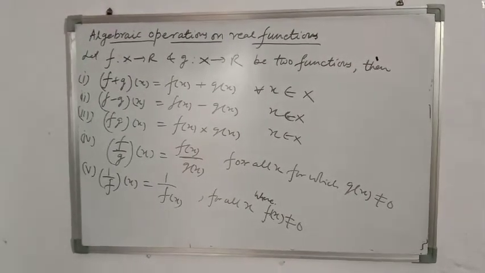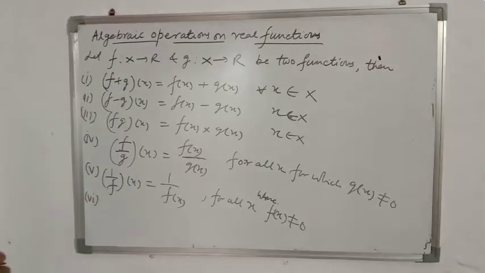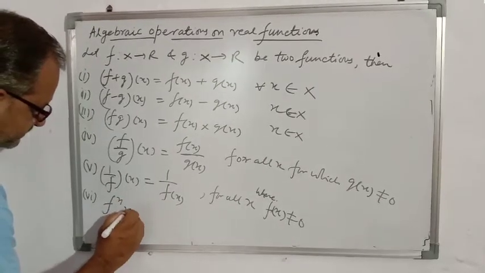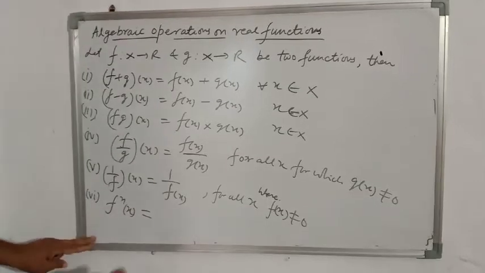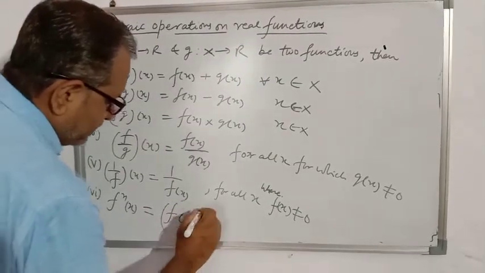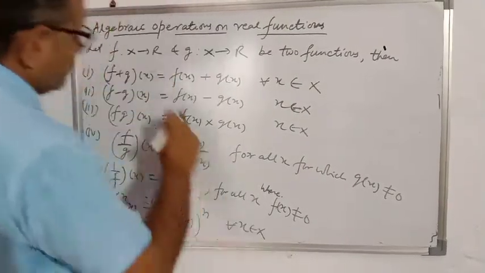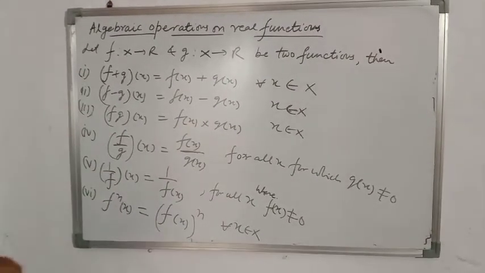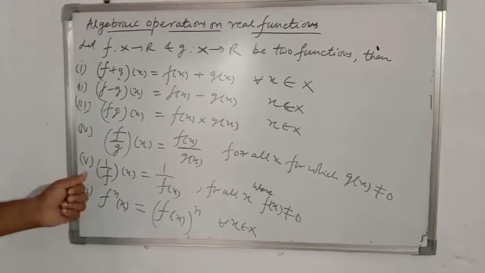Next is power function. Power function means like this. How will we define the power function? f(x) whole to the power n for all x belongs to the domain X. So these are algebraic operations: sum of two functions, difference, product, quotient, reciprocal of the function.